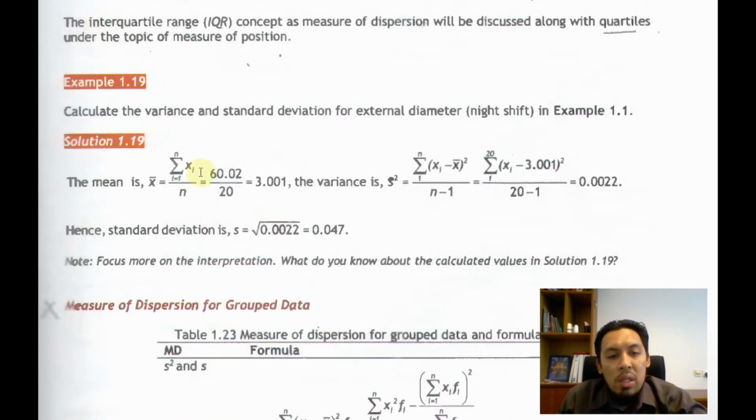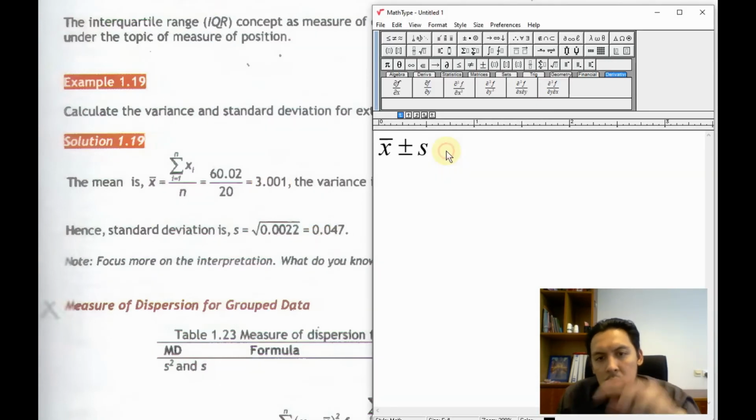If you see the mean here, the mean is 3.001, which is the center point for the data. As for the standard deviation, it is 0.047. So how do we actually explain these two values? That is what you need to know.